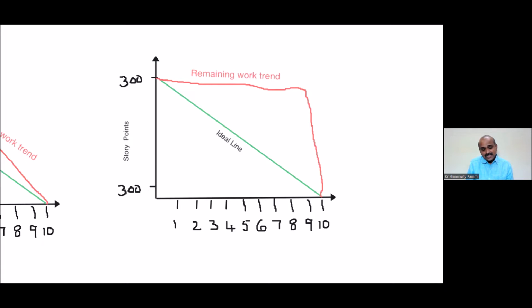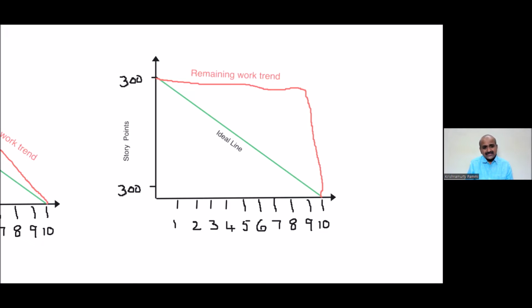Ideally, to meet the definition of done, all the stories would be completed on the last day. In very efficient teams, people may say, look, I want to define stories at a fundamental level wherein each story can be completed within 2 days or 1 day. Then story points make sense.